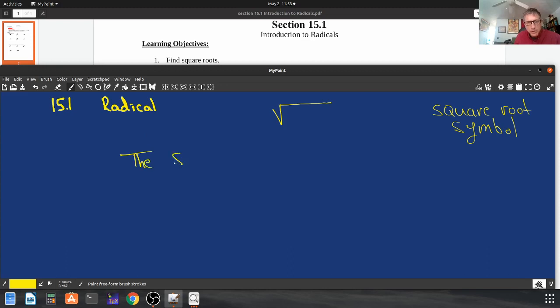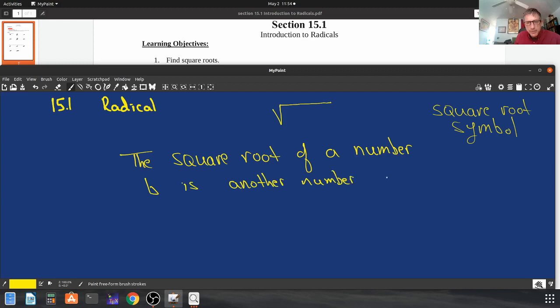The square root of a number b is another number s such that s squared is equal to b.